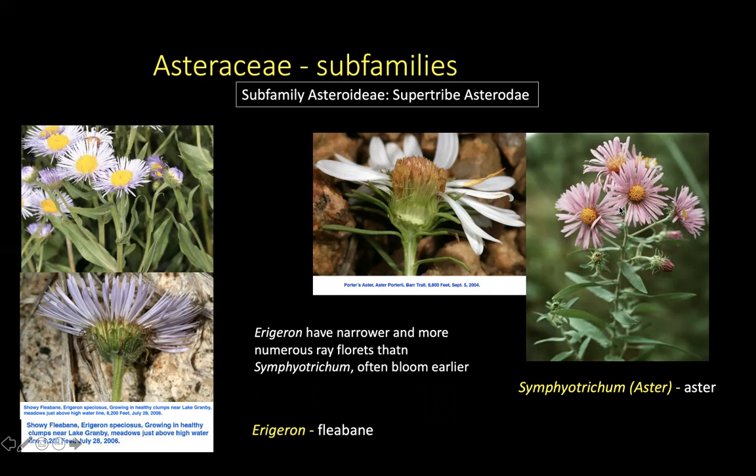And that just takes experience to get a sense of. And Erigeron often blooms earlier. There are some other features of the phyllaries you can use to tell it apart, but that's how I do it. So aster is more late summer, fall. If you see things in the spring in bloom that look like a little wee daisy like this, chances are it's an Erigeron.